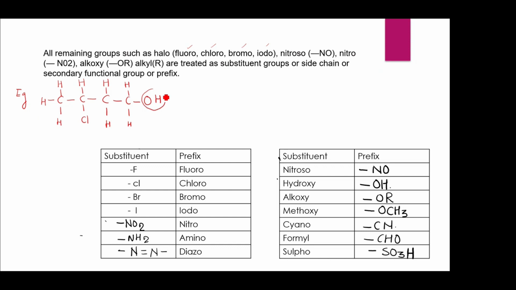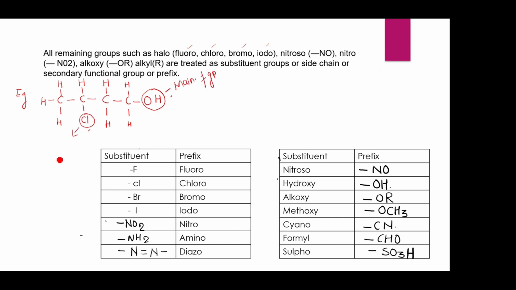One is the alcohol and the other is chlorine. According to the preference we have seen, alcohol will get more preference than the halogen. So that is why it will get the main functional group.